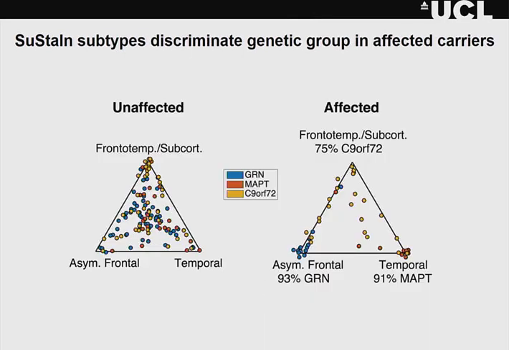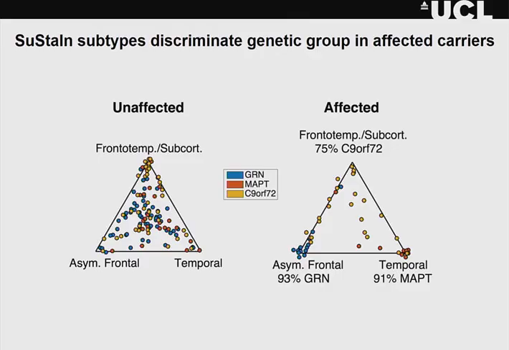We next looked at the ability of the model to discriminate subtypes and stages. Here I'm looking at the different subtypes and their identifiability in different diagnostic groups. The triangle plots show the probability an individual belongs to a particular subtype.